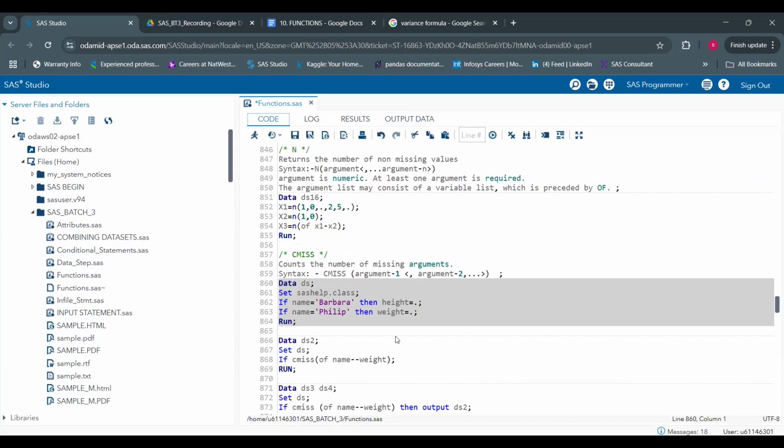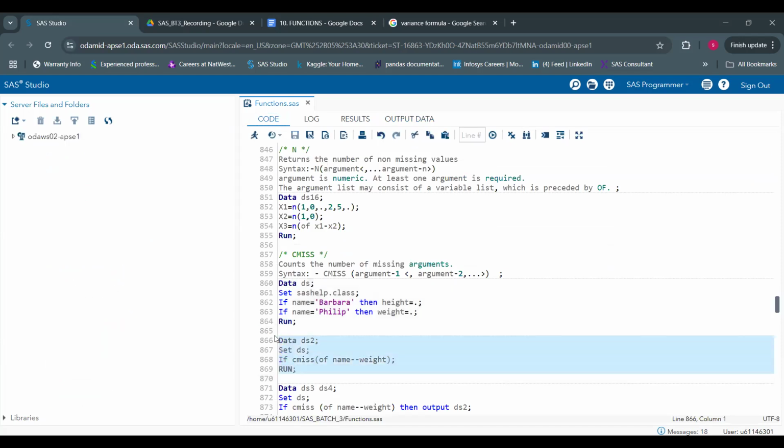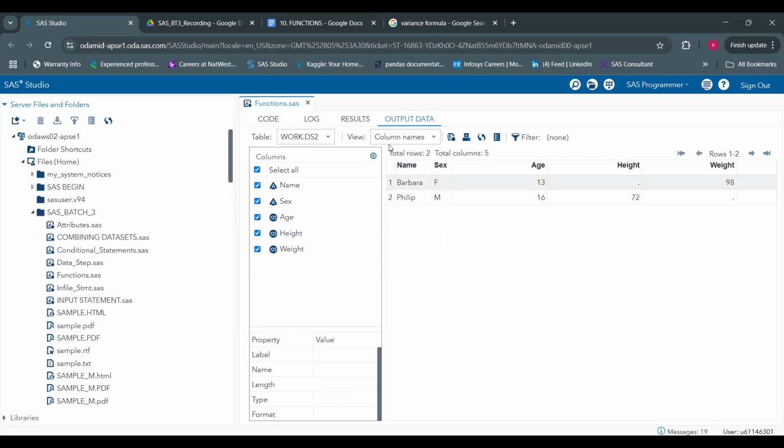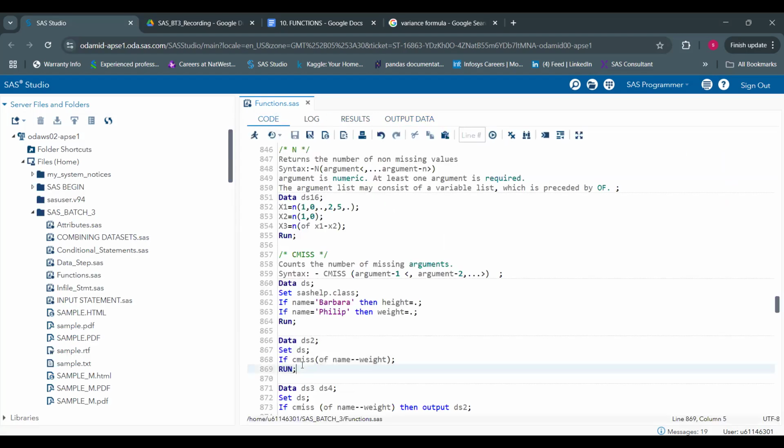I see only two are missing. So what does cmiss of name hyphen hyphen weight calculate? It counts the number of missing arguments. Exactly.